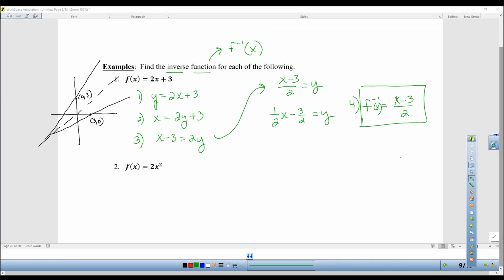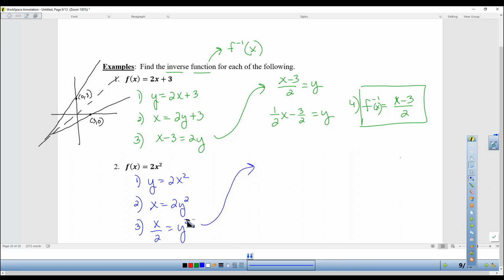All right, you can try the next 3 on your own, or you can wait for me to do them. So step 1, replace f of x with y. Step 2, we change the x and the y, flip them. x is equal to 2y squared. Step 3 is to get y all by itself. So I'm going to divide by 2, x over 2 is equal to y squared. And then this is ironic.